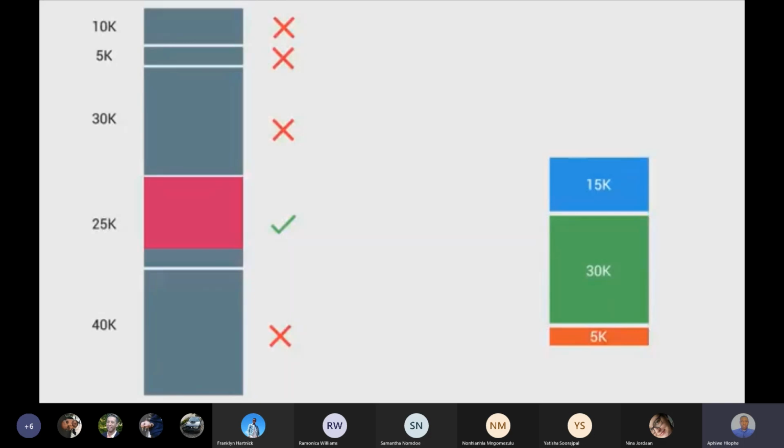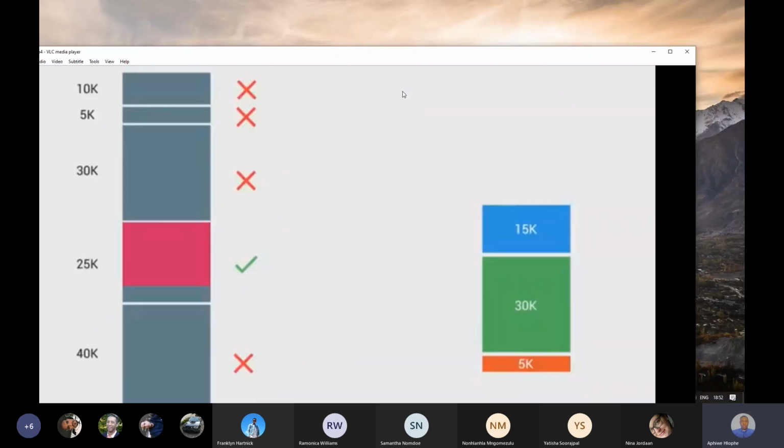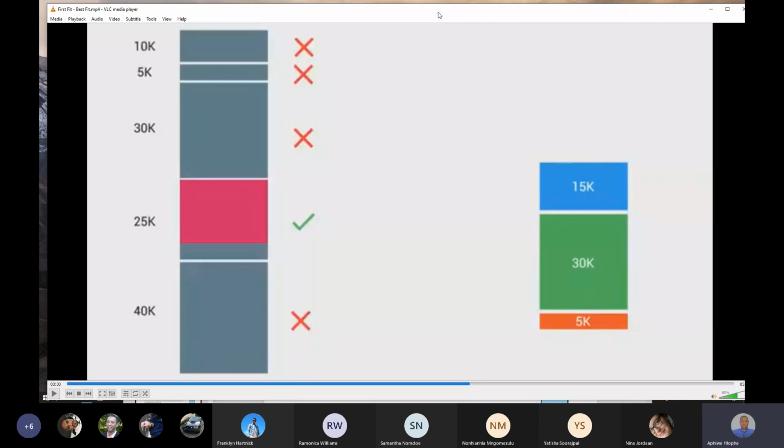However, the amount of space that is lost due to internal fragmentation will be less. You can see here, this is less than what it would have wasted if it ended up here in terms of the first fit algorithm. So there are pros and cons to both allocation algorithms.